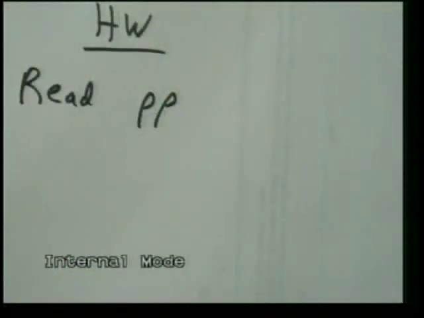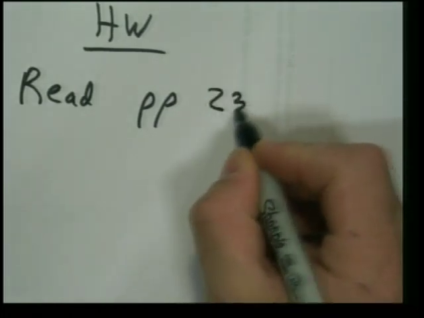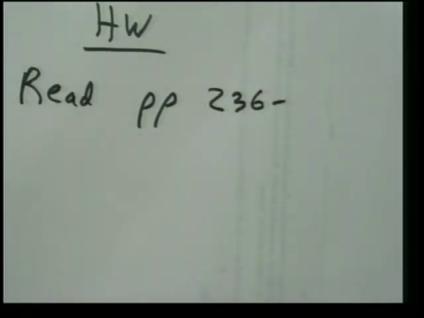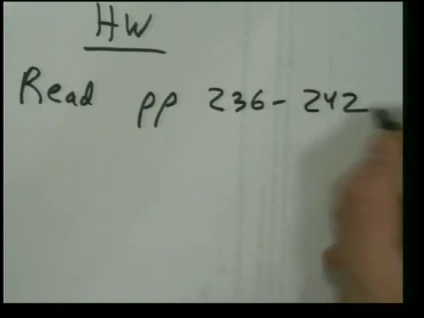Why don't you read from page 236 to page, I want you to read about lower of cost or market. I want you to read about what happens if you understate or overstate ending inventory. And I want you to read about the inventory turnover ratio. So go ahead and read from page 236 to page 242.